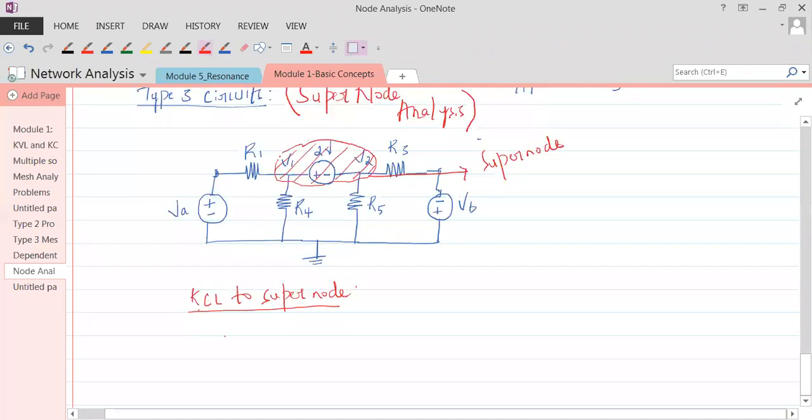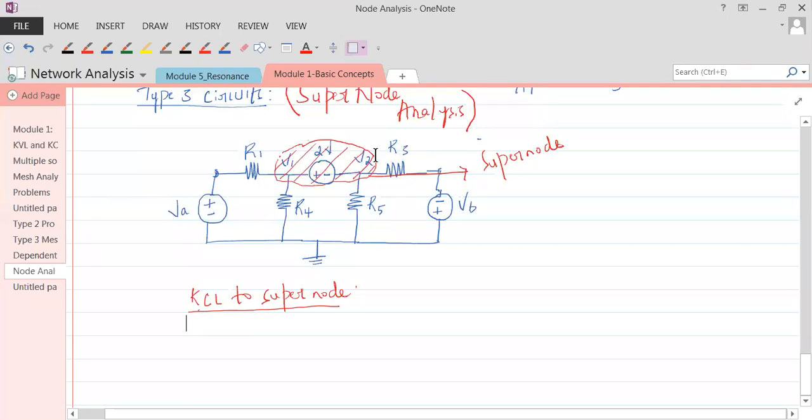KCL to super node. There's just one node. How many branches at this particular node? Now this whole stuff is one super node. So this is one branch, branch 2, 1, 2, 3, 4. There are 4 branches. There could be current sources also. This type just says that there should be a voltage source in between the two nodes, then it would become a super node problem.